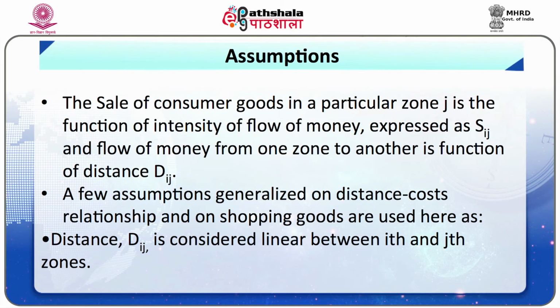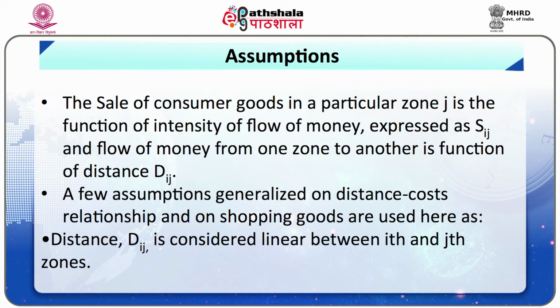Second is assumptions. The sale of consumer goods in a particular zone j is a function of intensity of flow of money expressed as Sij, and flow of money from one zone to another is a function of distance Dij. A few assumptions generalized on distance cost relationship and on shopping goods are used here.